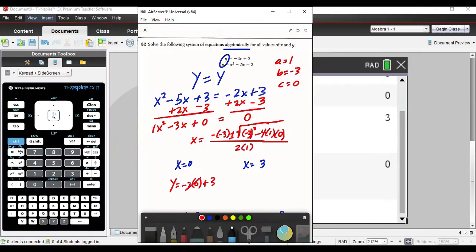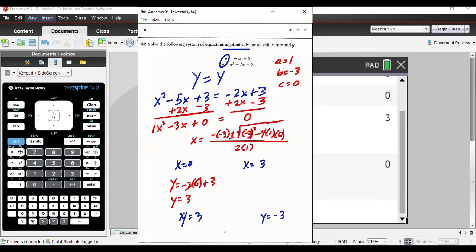This is just going to be 0, so y is equal to 3, which we already have. And then over here is going to be y equals 2 times 3 plus 3. Oh, wait a minute, that's a negative 2. So this is going to be a negative 6 plus 3, which is a negative 3. And we're done. Now, this would be 4 points.